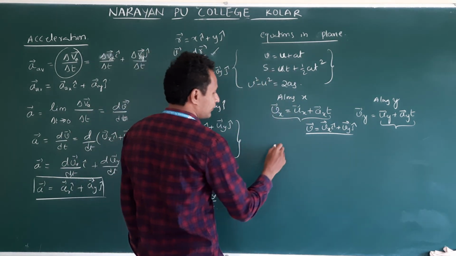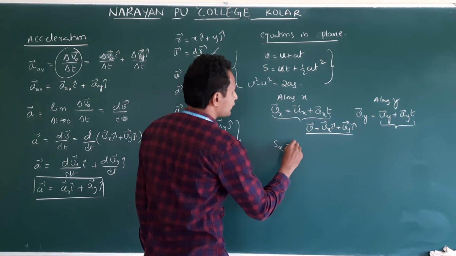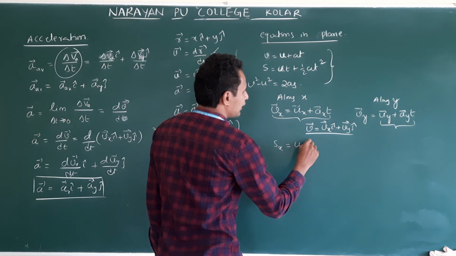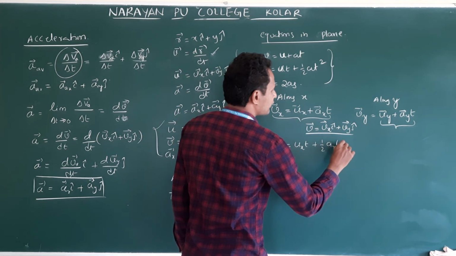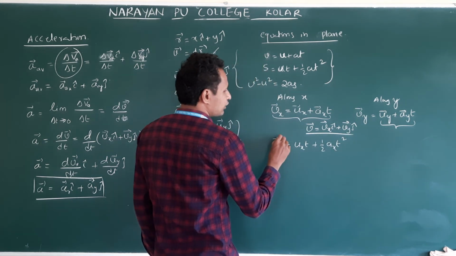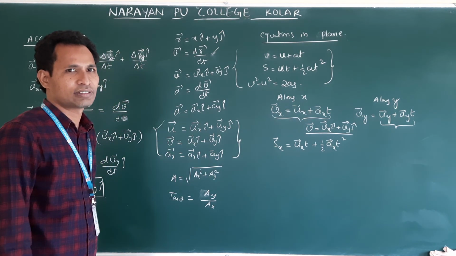Next, the second equation. Here s refers to displacement. So displacement along x is equal to initial velocity along x into time plus half into ax t square. So this is a displacement. You can write like this. Clear?